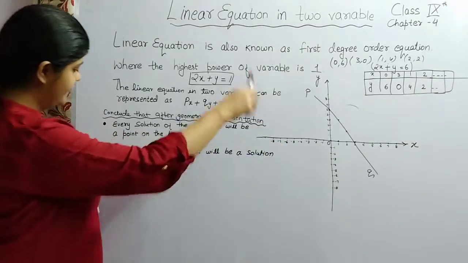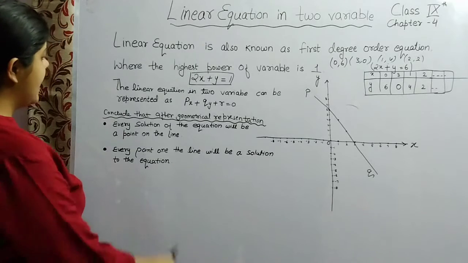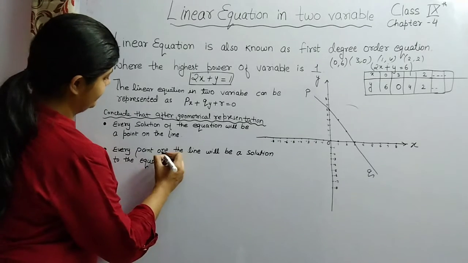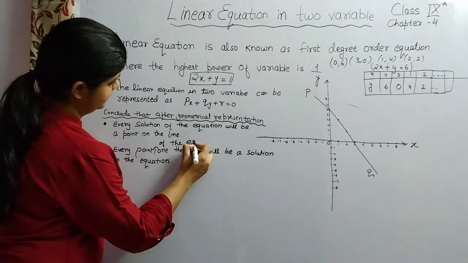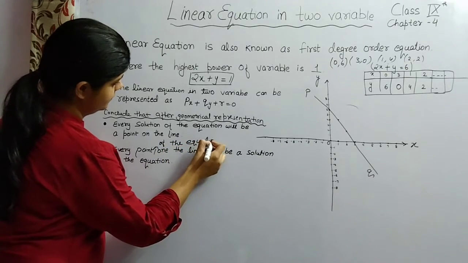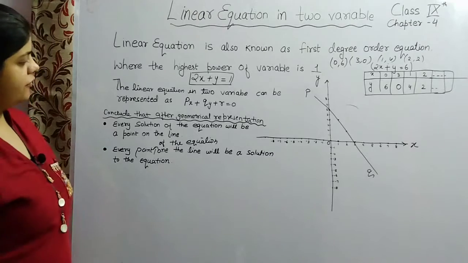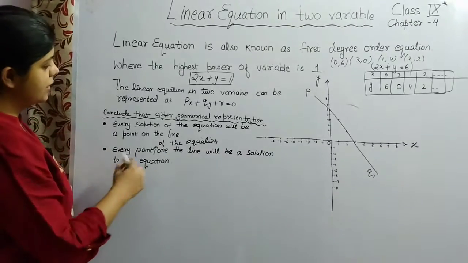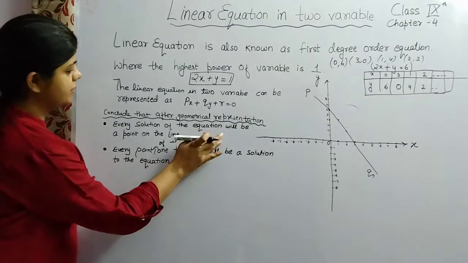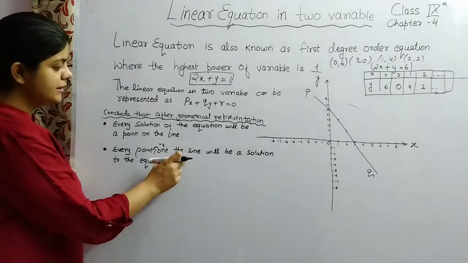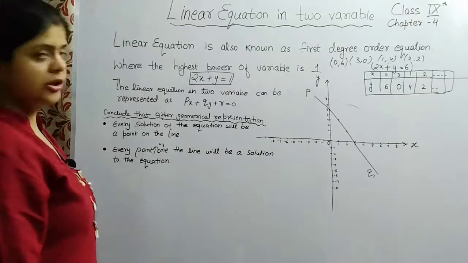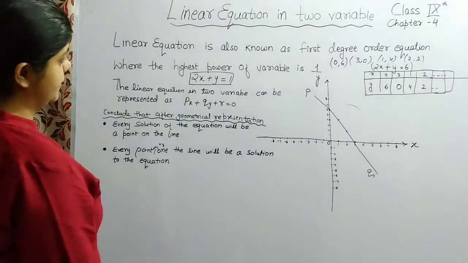And the next point: every point on the line will be a solution of the equation. Every point that lies on the line will be a solution of the equation.